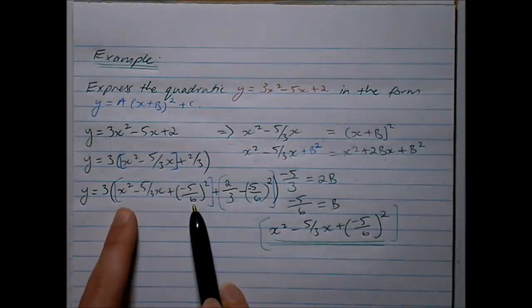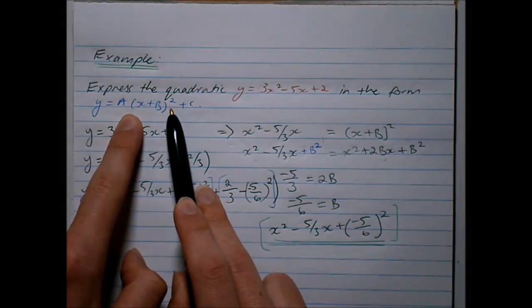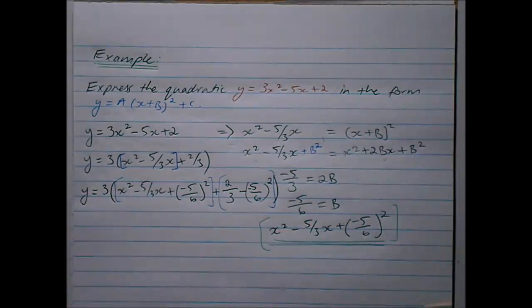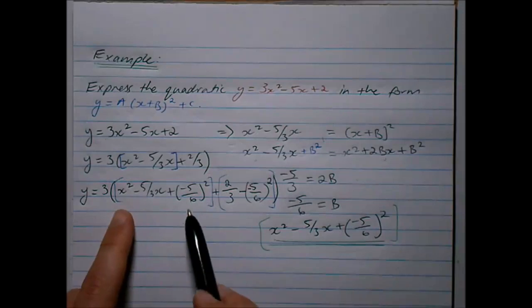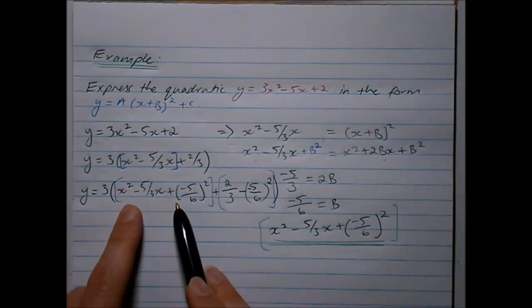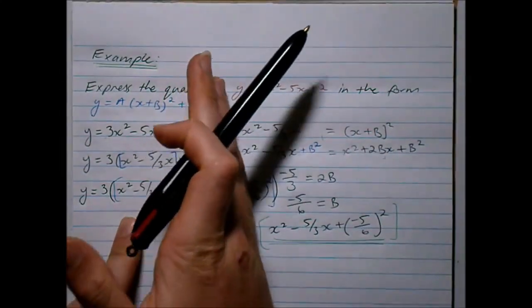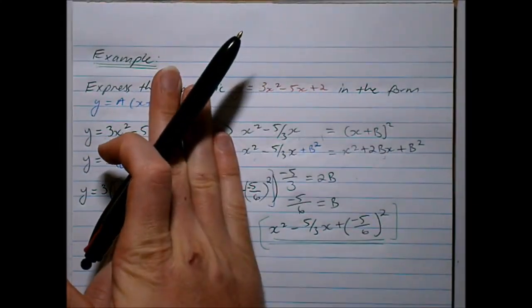This term here, like we just did before, is going to factorize to our x plus b squared up here. And then we're going to have this remainder out the front, which is going to be our a value, all right? So let's just do that. We found before that this in here factorizes to x plus b squared. That was the whole point of this working off to the right hand side, all right?